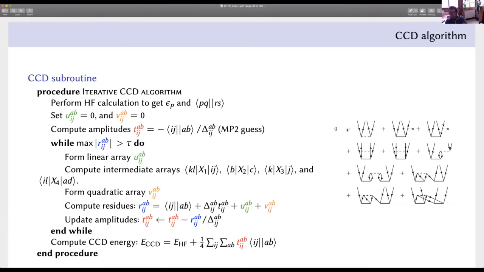So CCD probably does better than MP2, I guess. RPA is just an approximation of CCD, so I guess it's not as good. But no, I can't really comment on this. I don't really want to comment on stuff that I don't know.